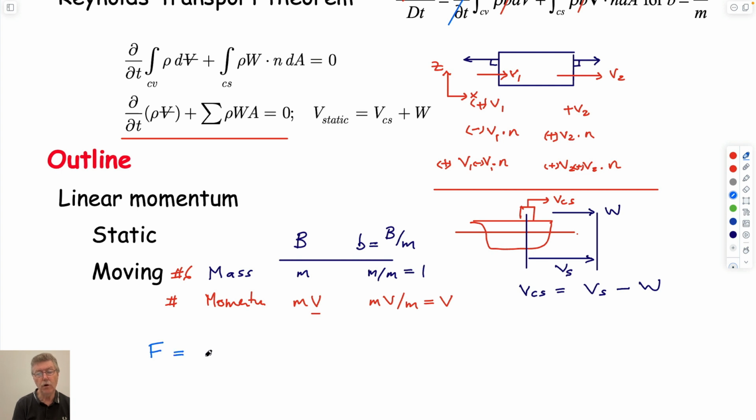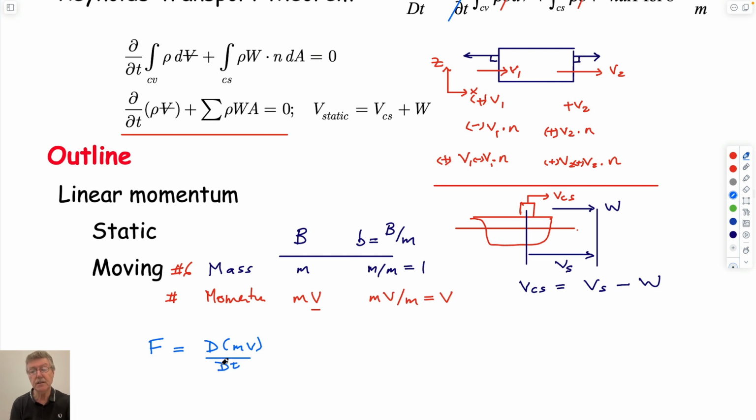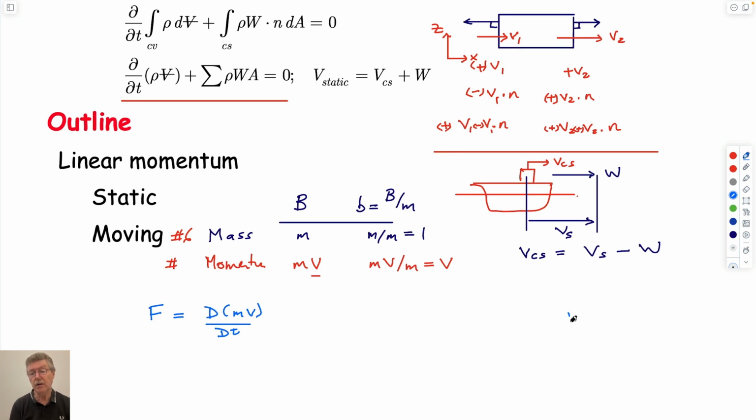Newton's second law, it is equal to mass d, well, let's write it as it was written there. It's rate of change in the substantial derivative, mass times velocity, divided by dt. Rate of change with time. This is just Newton's second law. We probably usually write it F equals ma.